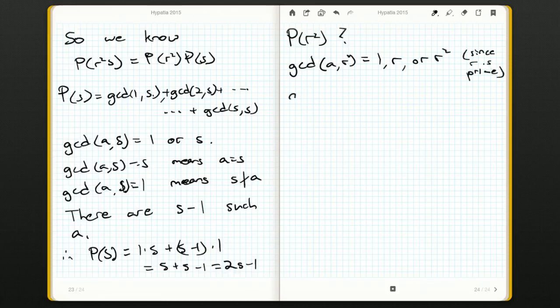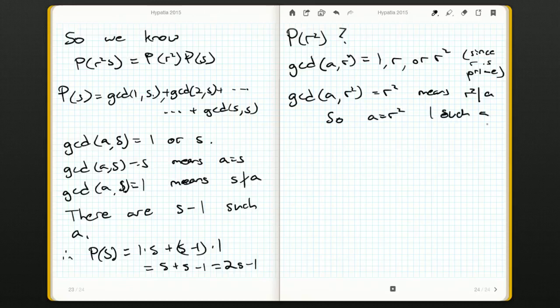So if our GCD is r squared, that means that r squared divides a. That gives us one such a. If the GCD of a and r squared is r, then that means that r divides a, but r squared does not divide a.